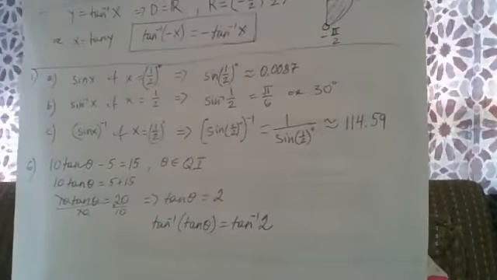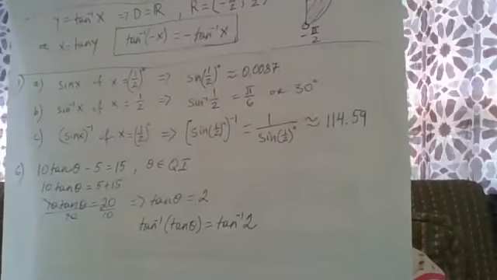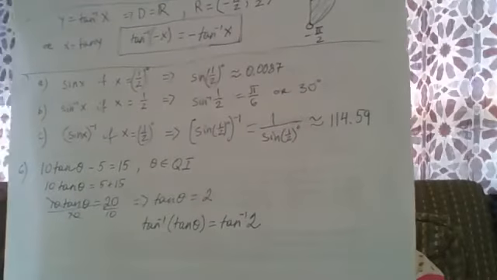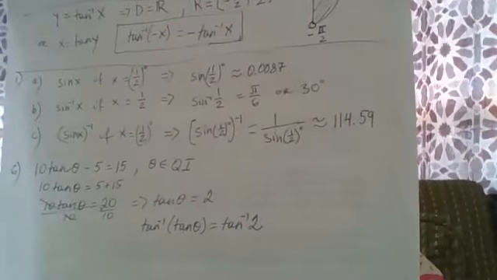How can I neutralize that tangent? I need to apply its inverse function to both sides as a composition. So it will be arctangent composed with tangent theta, and it will be equal to arctangent of 2. Here, in this composition, we have 2 inverse functions to each other.